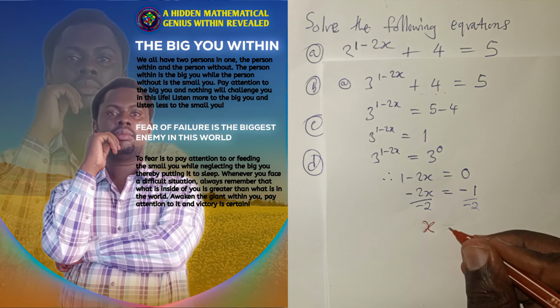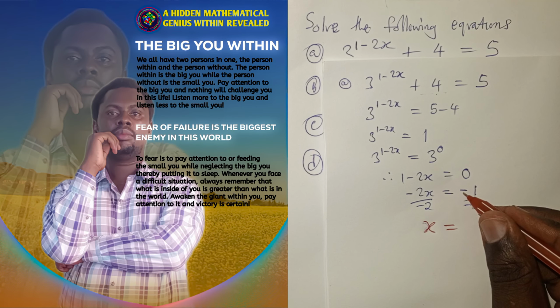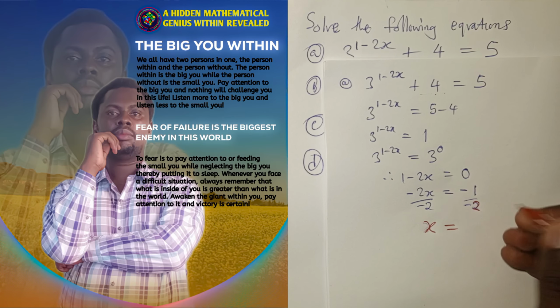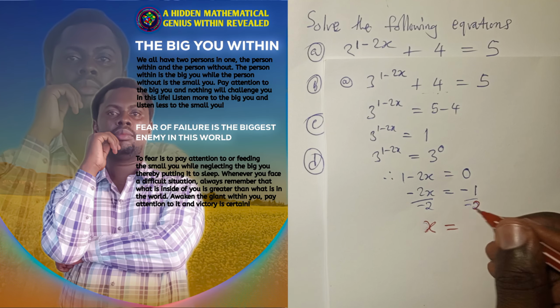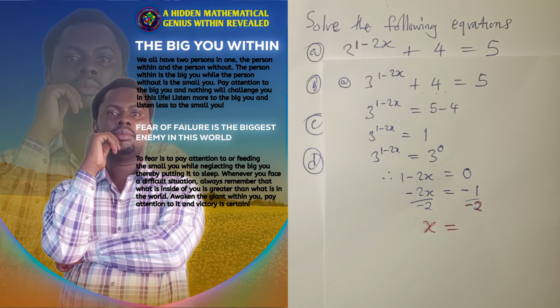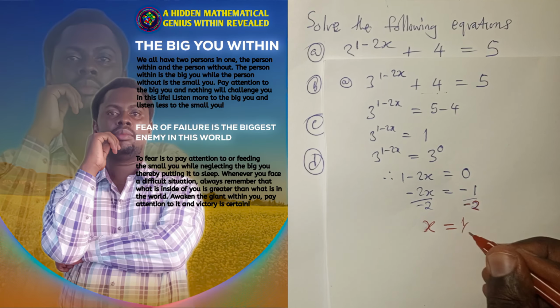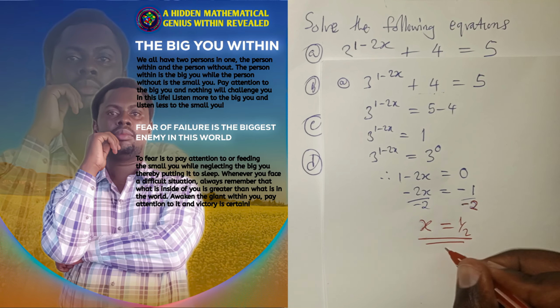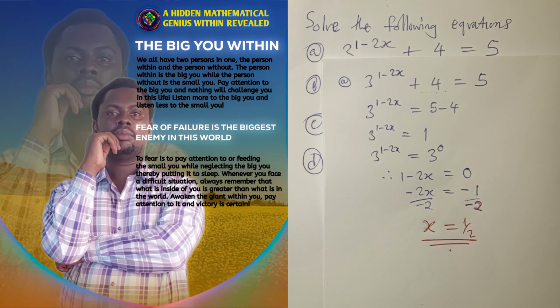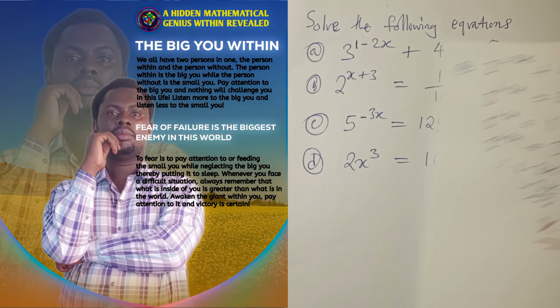So we get x is equal to minus 1 divided by minus 2. That is negative 1 divided by negative 2. The negative and negative will cancel, so we remain with 1 over 2. So x is equal to 1 over 2. So we go to b.